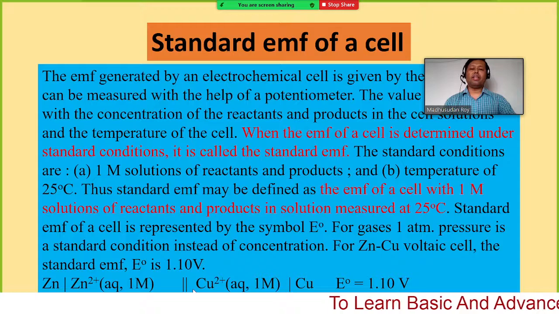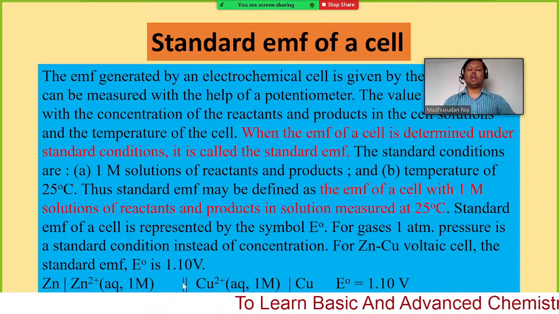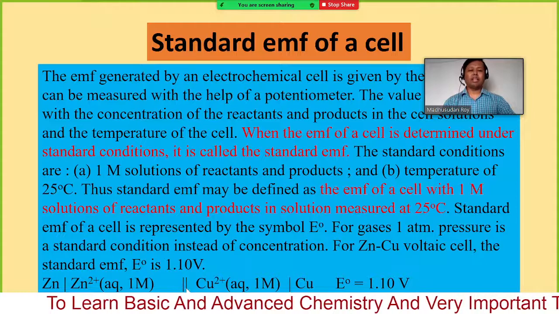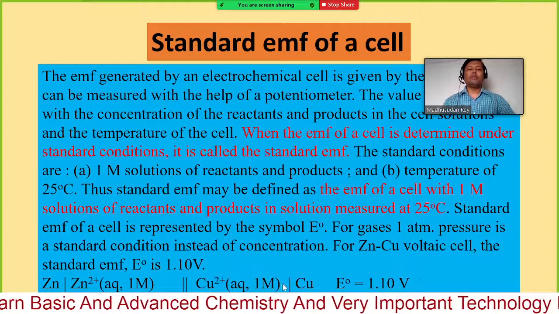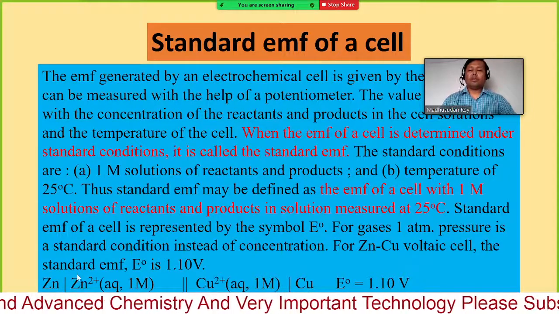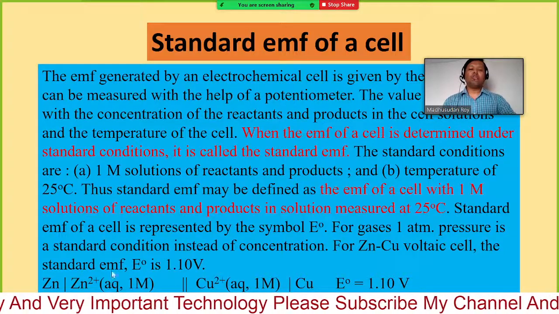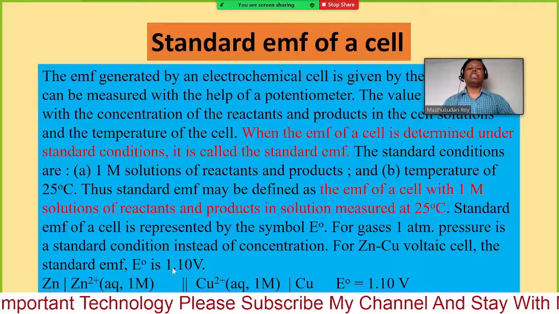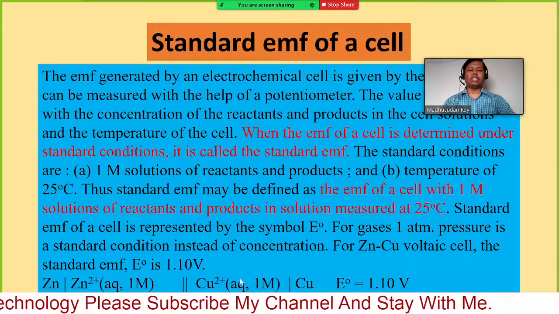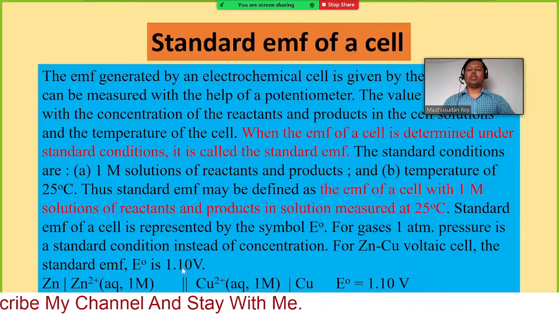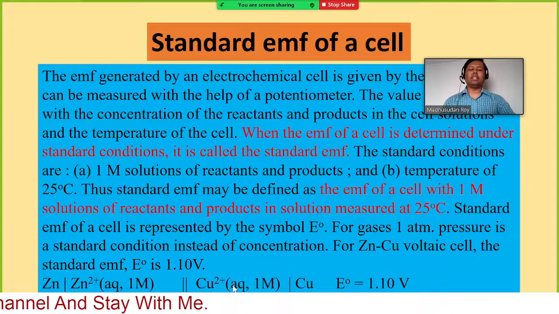To represent that you have a connection, you need to put two straight lines here. Now if these two half cells are connected, we will get the overall cell potential of this cell. That is the standard cell potential of this cell, and that is 1.10 volt.